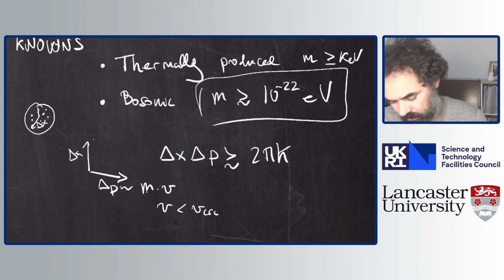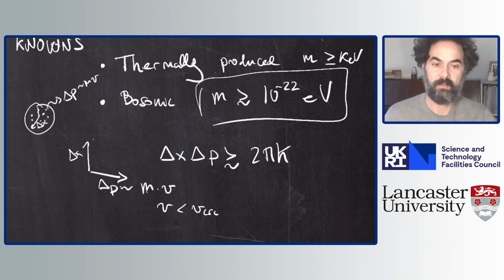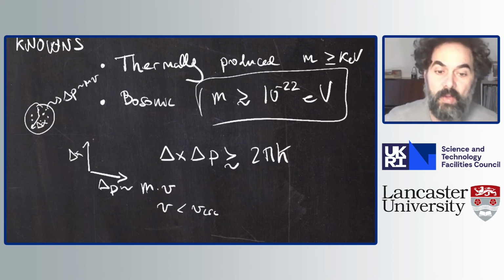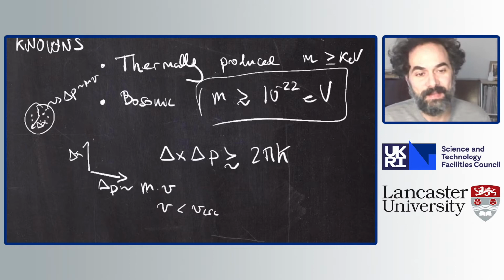And these particles, the de Broglie wavelength, is basically given by the mass multiplying the typical velocity. But these velocities cannot be arbitrarily large. Otherwise, they would escape from this bound structure and they wouldn't be generating this dark matter halo. After some time, they will all fly away.